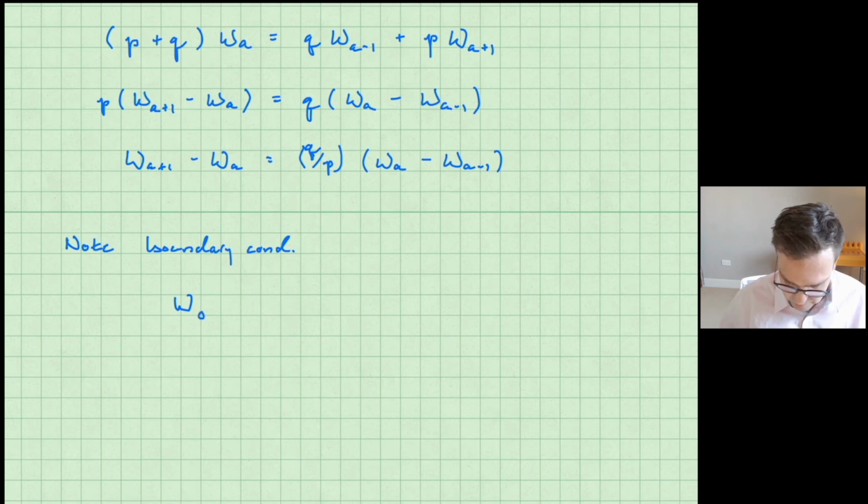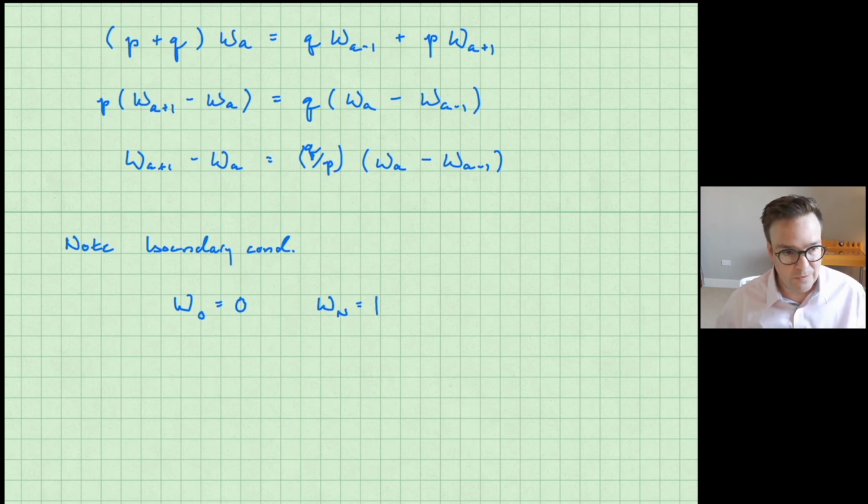And what would W be if you started out with capital N, if A's capital was capital N at the start of the game? So if you started out with nothing, your chances of victory are 0. And if you start out with everything, you've already won, and your chances of victory are 1. So these are our boundary conditions.